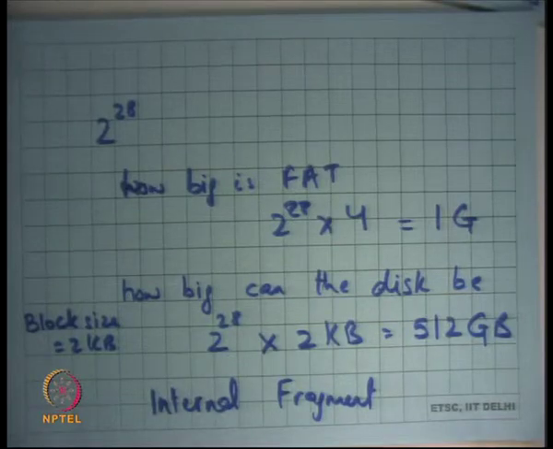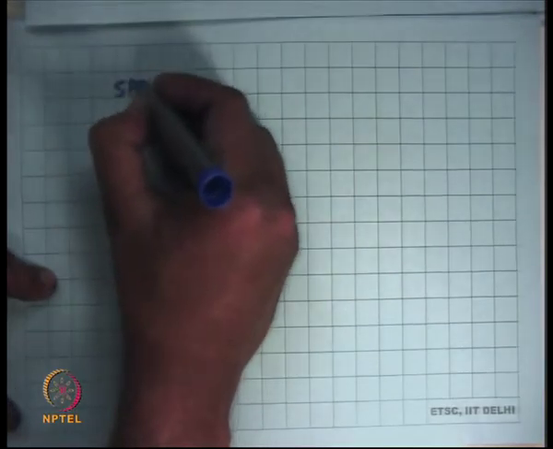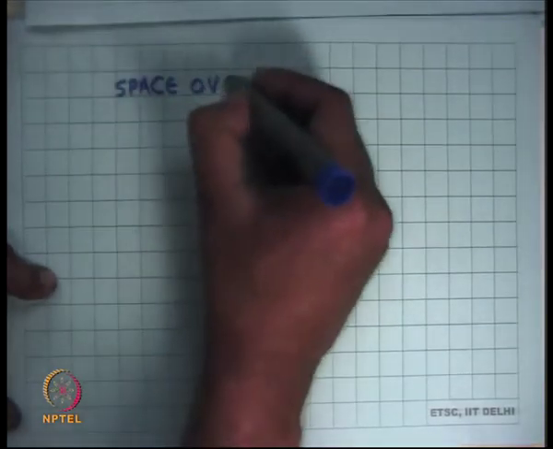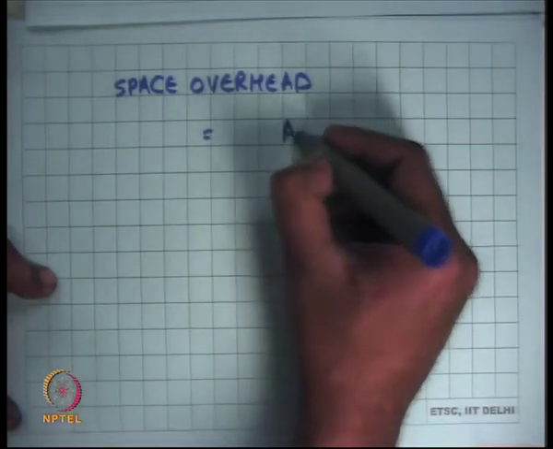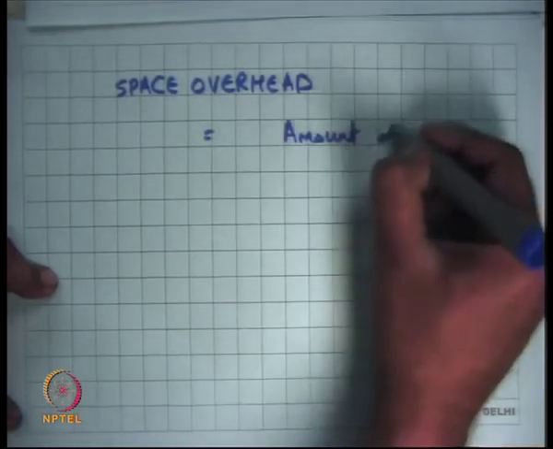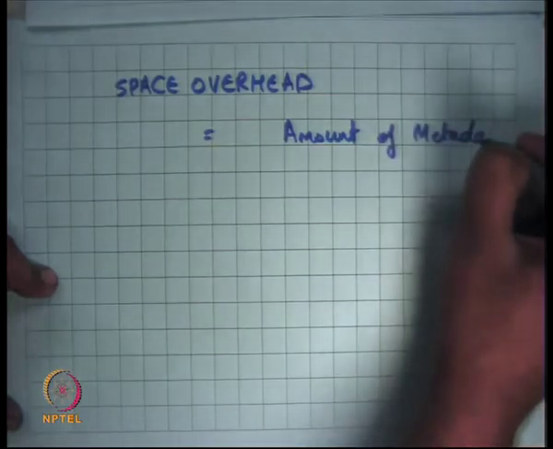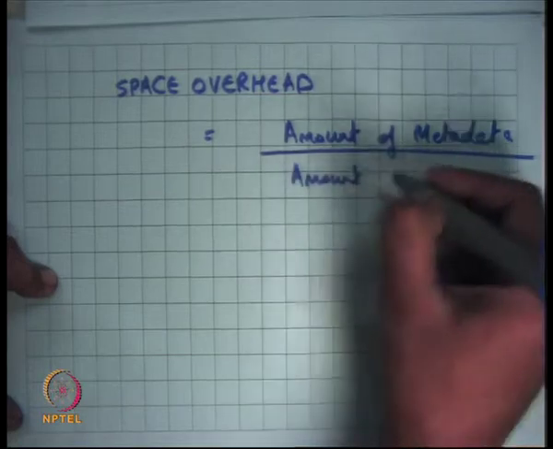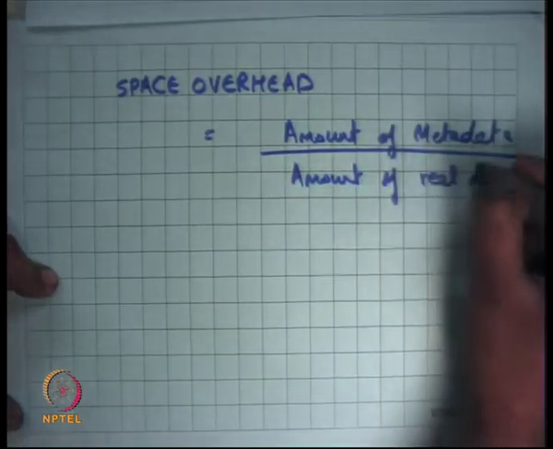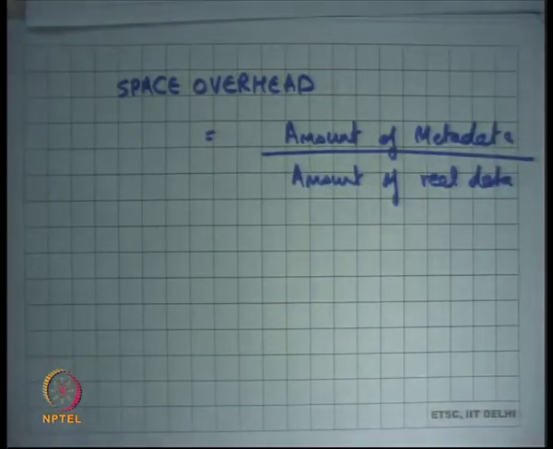What is the space overhead of a FAT file system? The space overhead of a file system is the amount of metadata divided by the amount of real data. So how much metadata is stored per unit of real data?